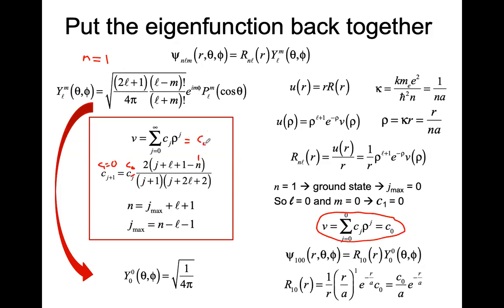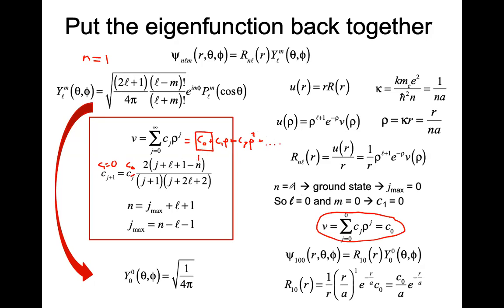Remember, that would be like C0 plus C1 rho plus C2 rho squared plus however many terms I've got. In the simplest of these, I would think you would expect only to have C0. And that means that the maximum value of j in this thing would be 0.